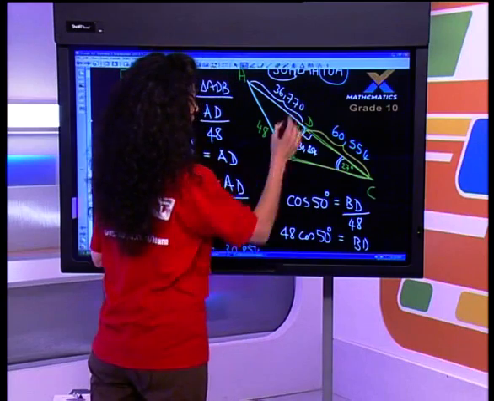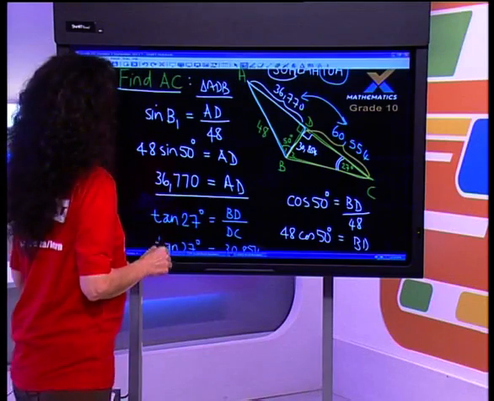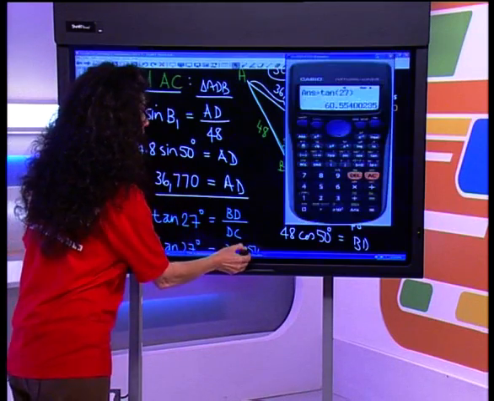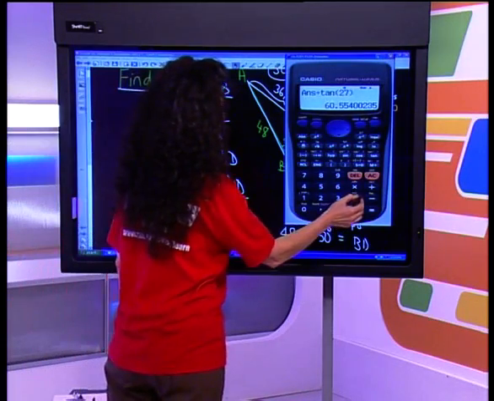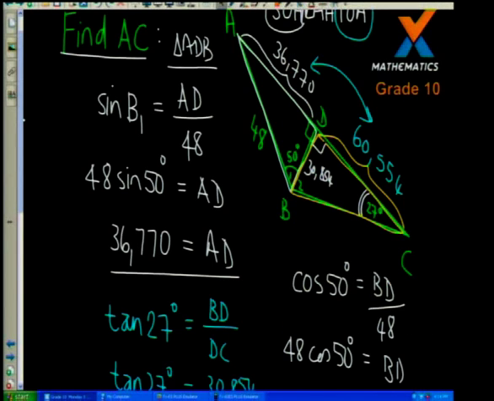So this portion here is 60,554. In the end, it gives us a total of 36,770 plus 36.77 equals 97,32. So this is 97,32.